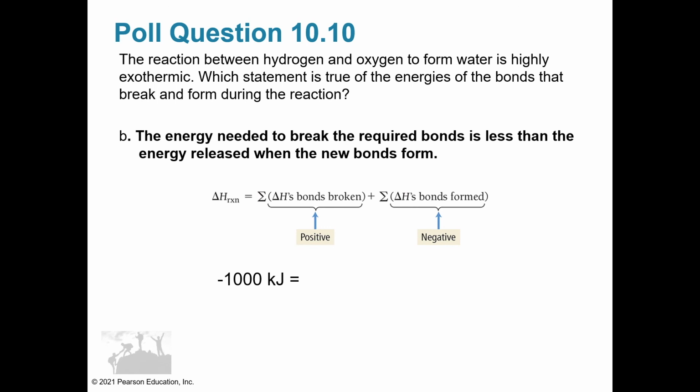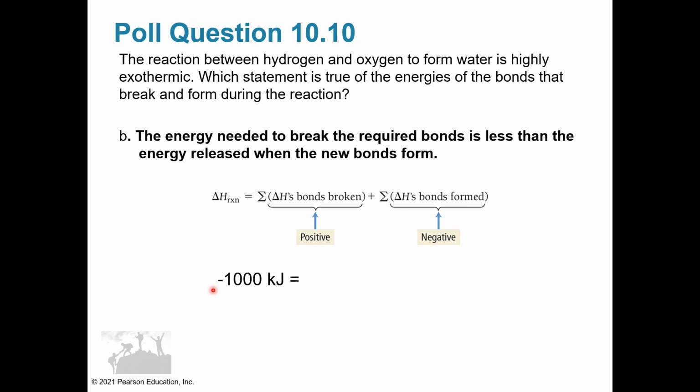All right, so now let's say that our delta H for the reaction is negative 1,000 kilojoules. The reason why we have a negative value here is because in the problem it says that the reaction is highly exothermic, so we're going to need a negative value for delta H reaction.